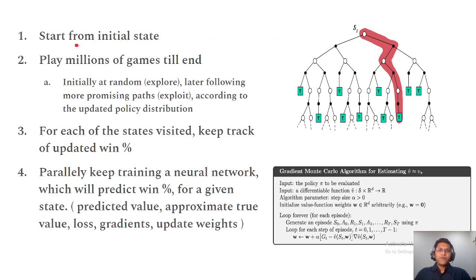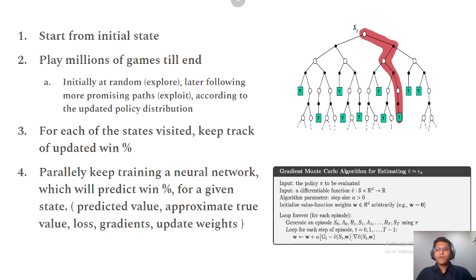We start from the initial state. Take the chess example, and we start from the beginning and play one complete game. Let us say that game takes one path in a tree of possible states and possible games.